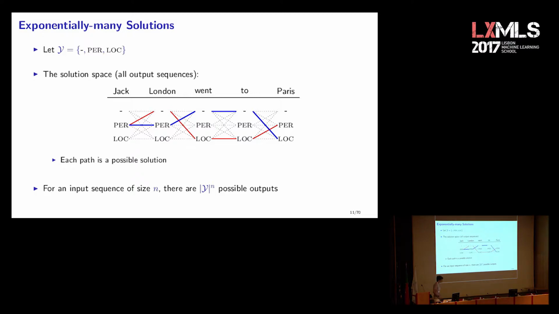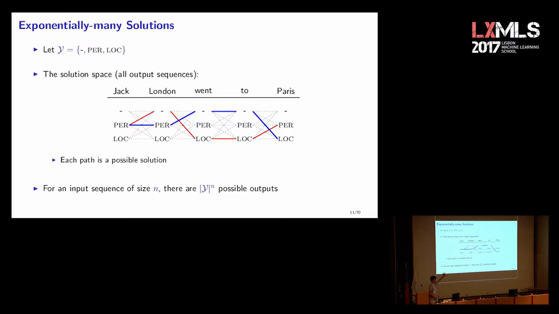For an input sequence of size n, there are |Y| to the n possible outputs. So if |Y| is 3 and n is 5, we have 3 to the power of 5 possible output solutions. Because n, the length of the input, is in the exponent, we say that this grows exponentially, which means that we cannot afford enumerating all possible paths.